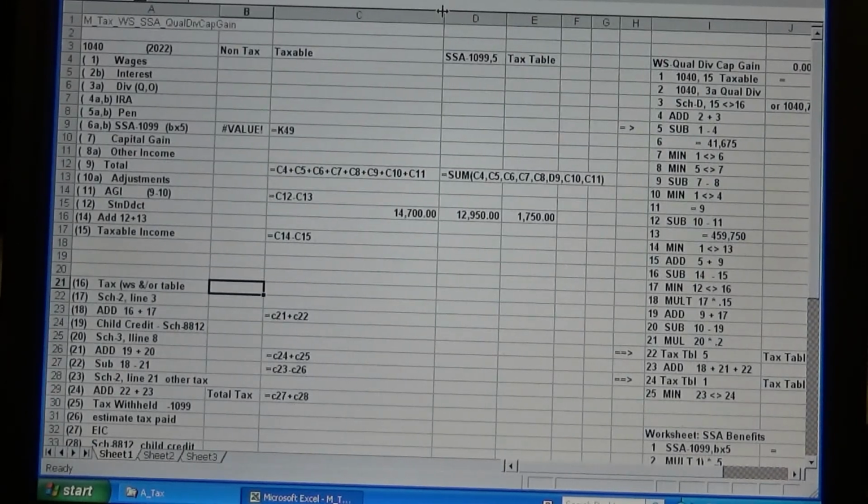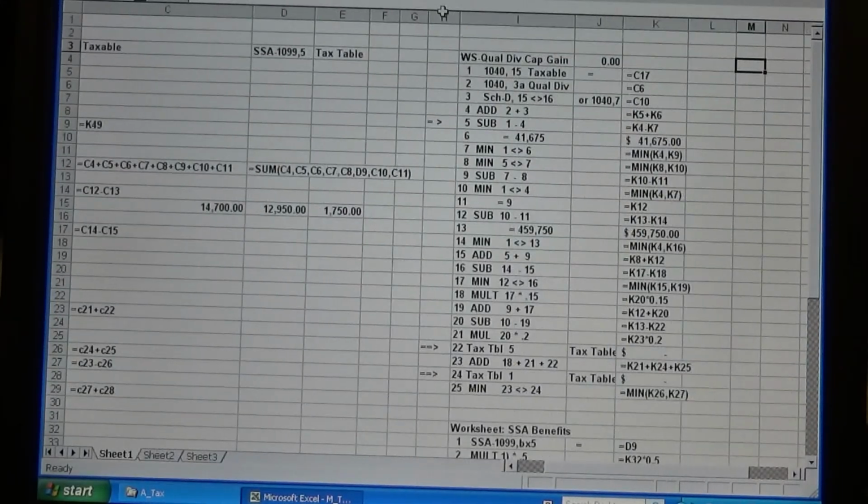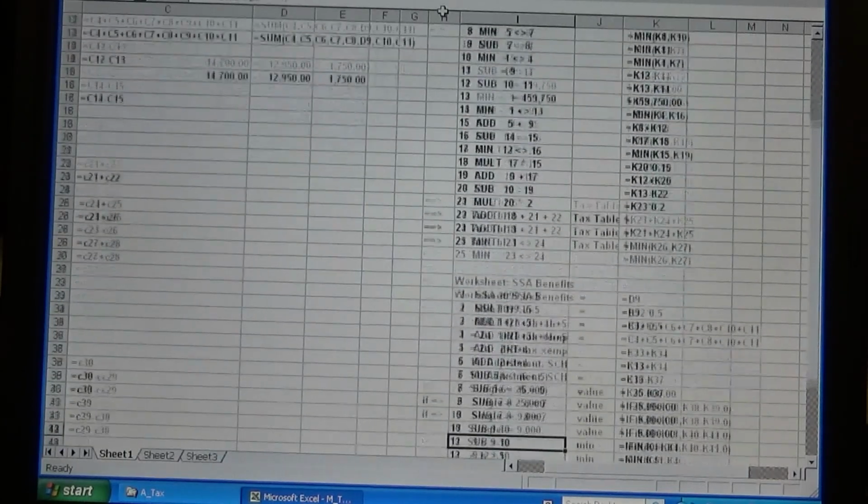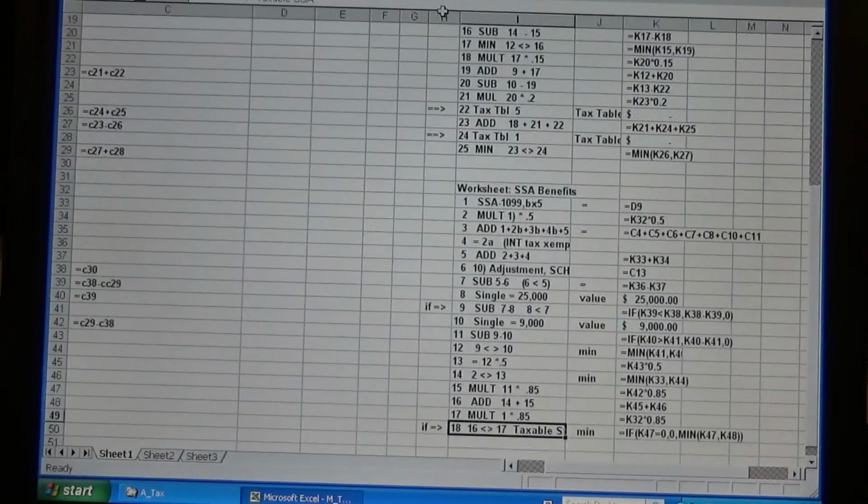When you get to it, it's easier to just do it on the form as you're actually doing your taxes. And here we have the worksheet for the qualified dividends and capital gains formulas. And down here is the worksheet for the Social Security benefits.